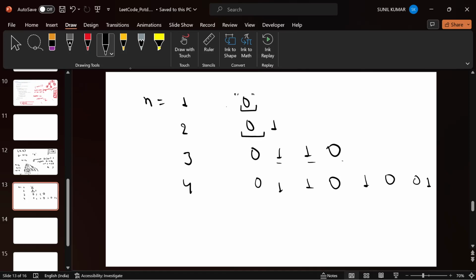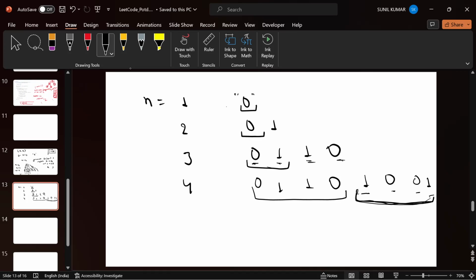Here n equals 3, the first half is the copy of n equals 2. Here n equals 4, the first half is the copy of n equals 3. And what is the other part? The other part is just the negation of this part. For example, here if it is 0, we get 1. Here it is 1, we get 0. Here 1, we get 0. Here 0, we get 1.